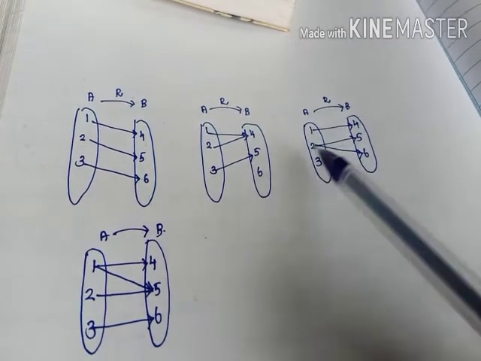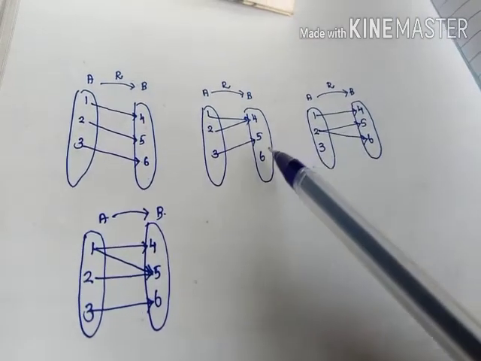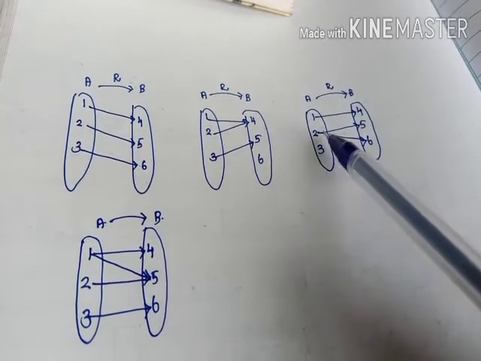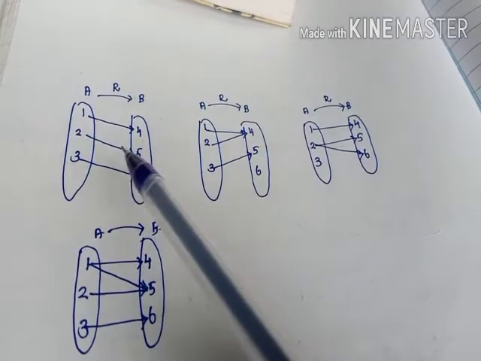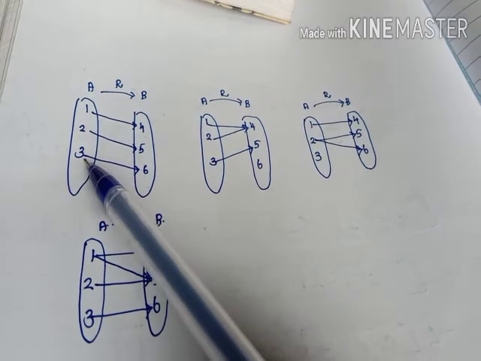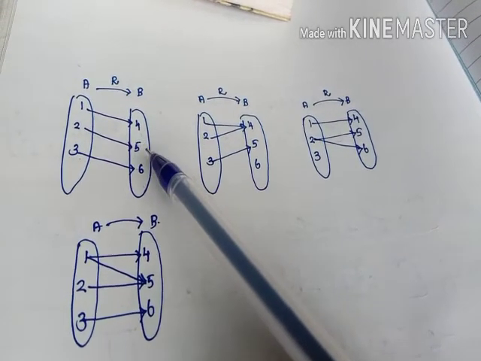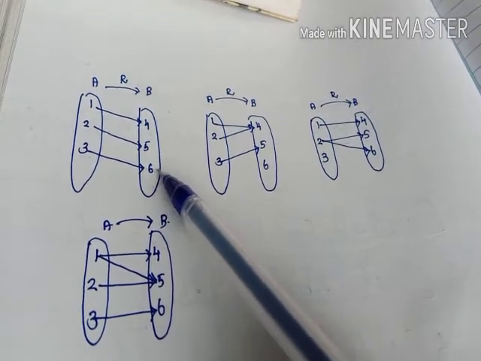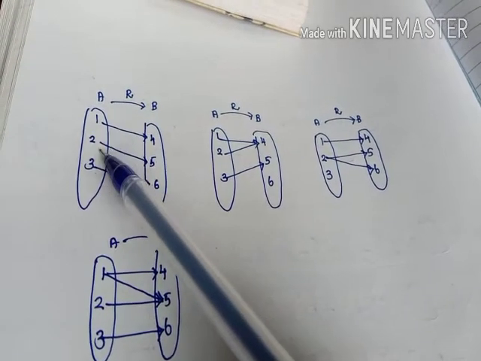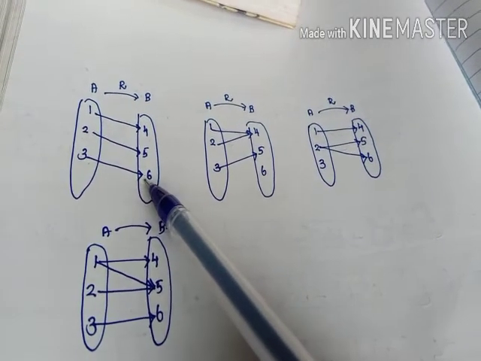So from these we can conclude one condition: a relation becomes a function if every element of A has exactly one image in B.